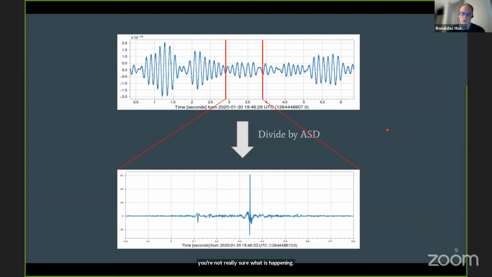So what you do is basically divide by the ASD. You scale the data, and that allows us to get this plot down here. And here you can clearly see that there's a huge excess of power happening around the middle of the plot.